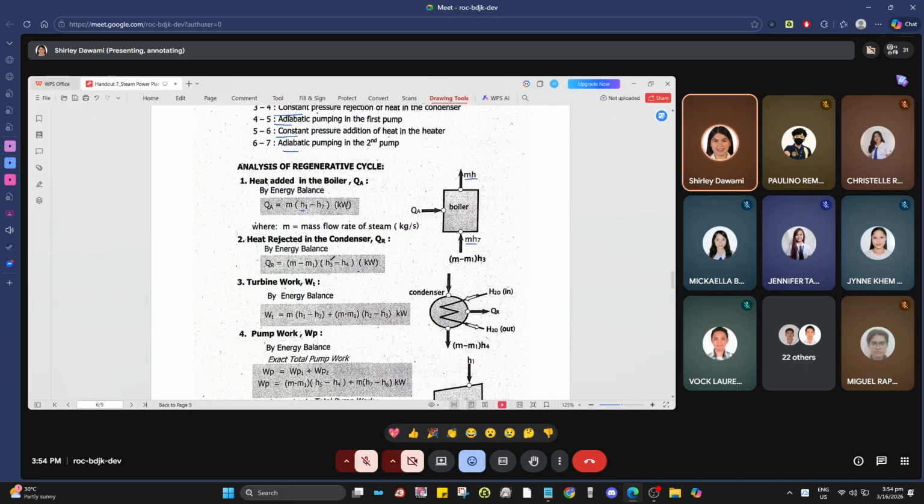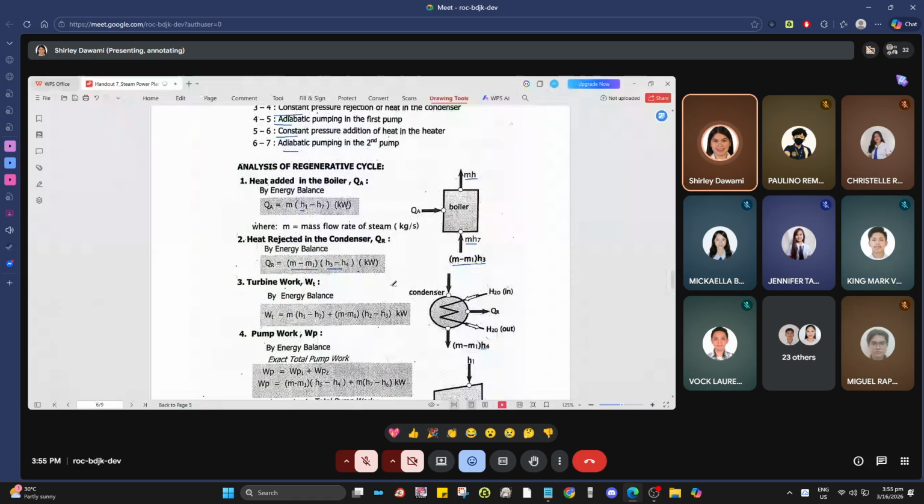So heat rejected in the condenser is M minus M1, no? So kay matong giingon nga ang gigamit nga steam is, or the steam used is, M minus M1 naman lang. Okay, times the H3 minus H4.